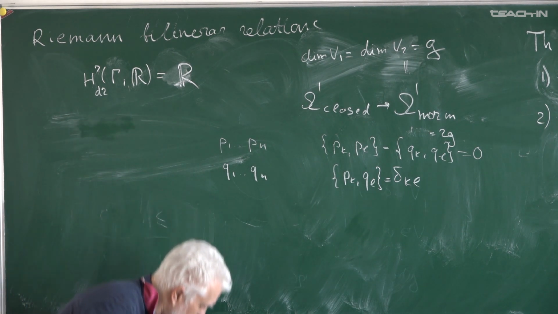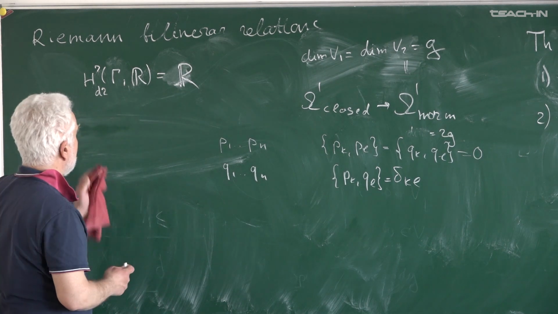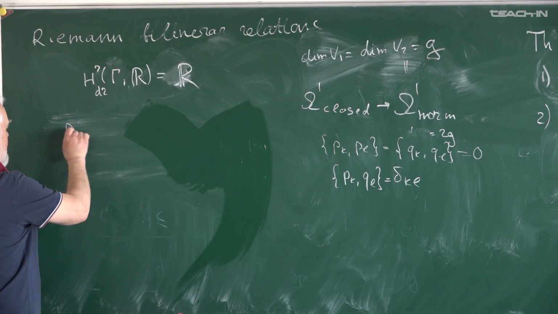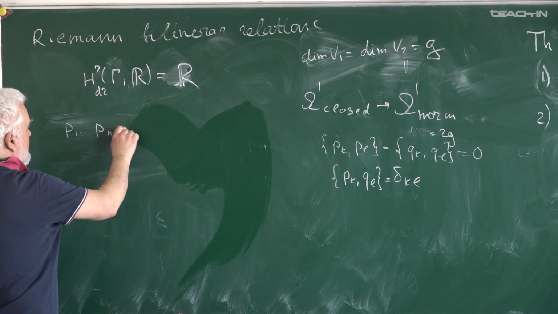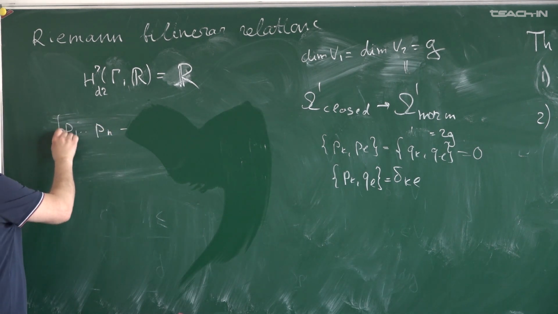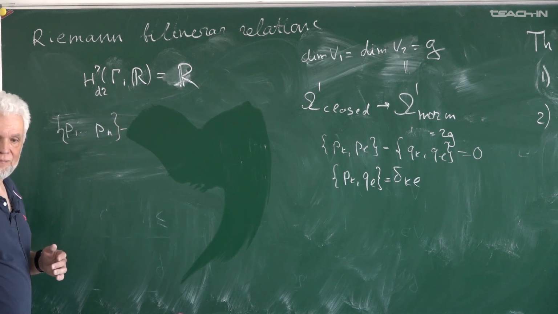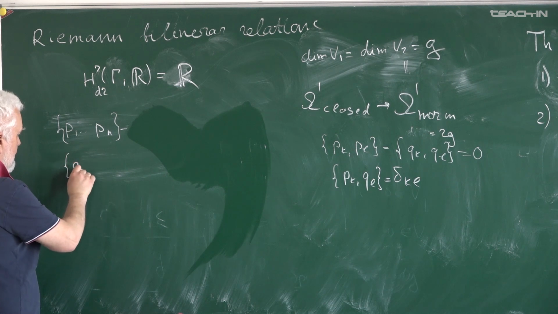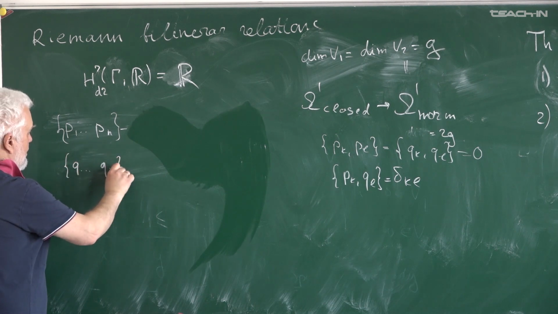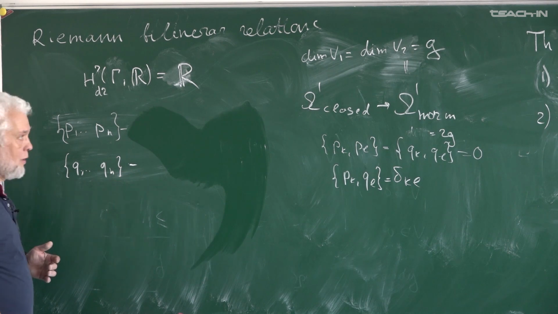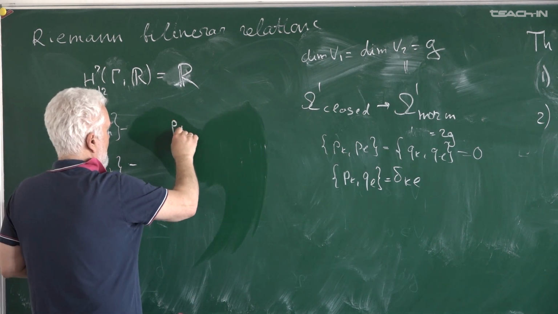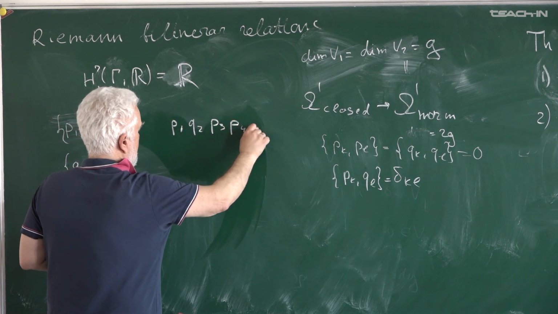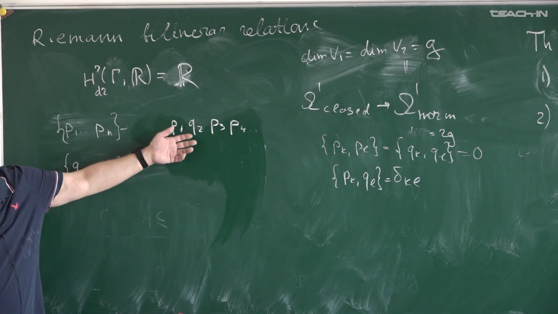So what are the typical Lagrangian subspaces? We have, for example, the Lagrangian subspace generated by all Pi. Agree? But once we have such a Lagrangian space P, the one generated by the Qi is also Lagrangian, you agree?